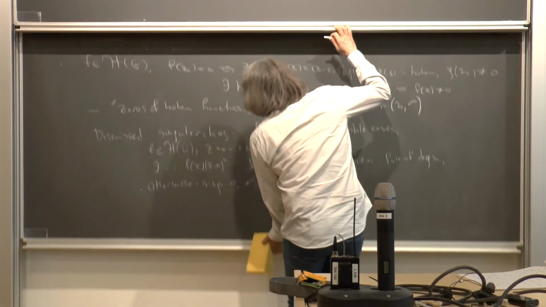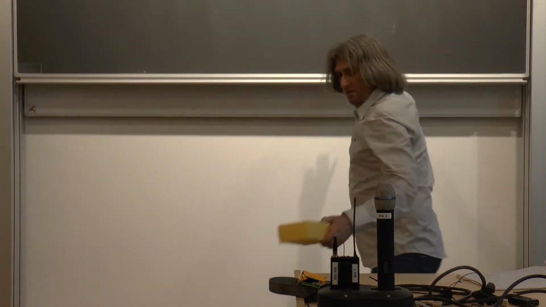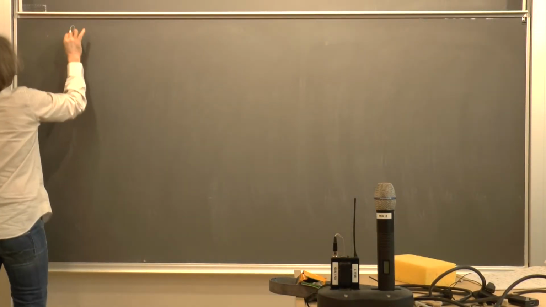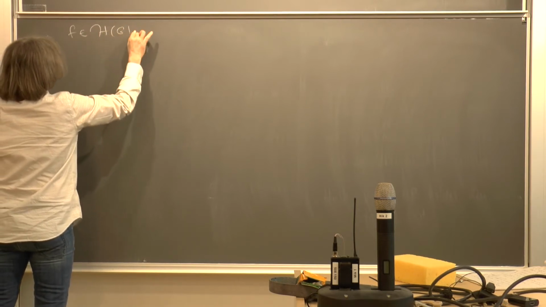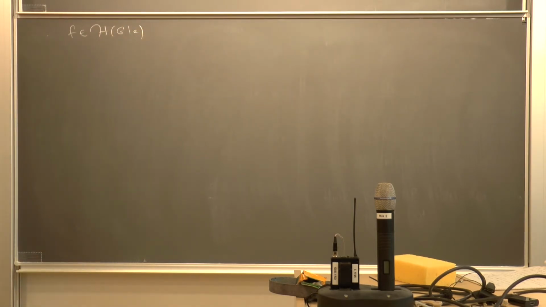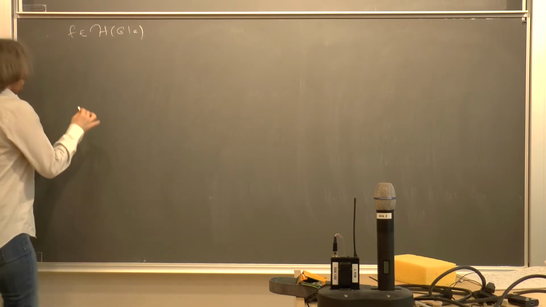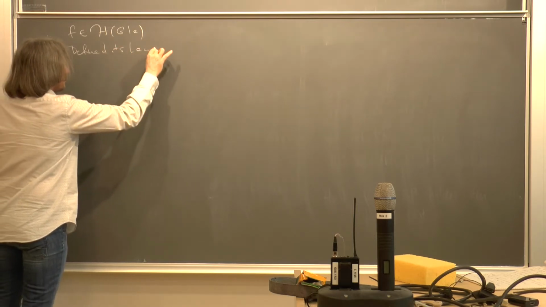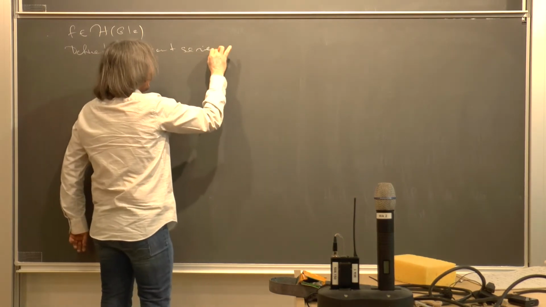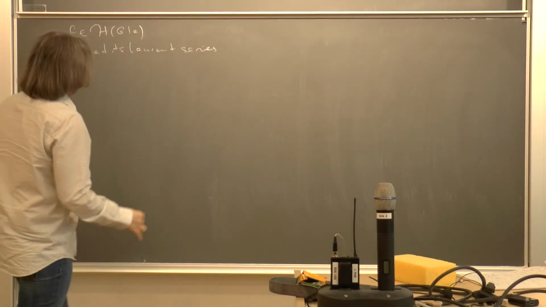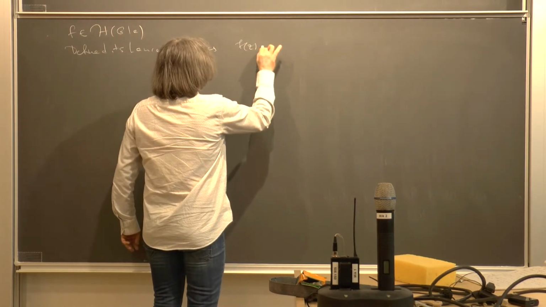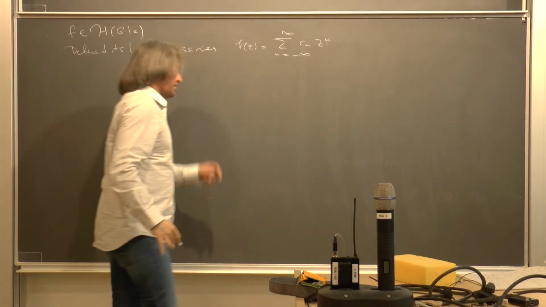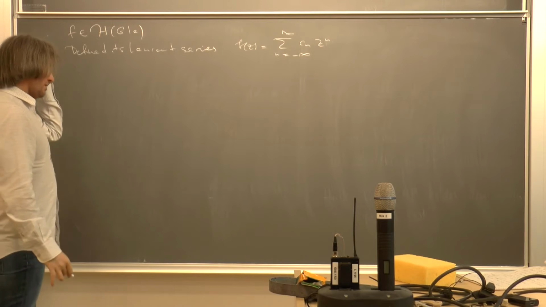Now for such a holomorphic function defined outside one point in a domain, we defined its Laurent series. So f of z is the sum from n equals minus infinity to infinity of c_n (z minus a) to the n. We defined in which sense the series converges.